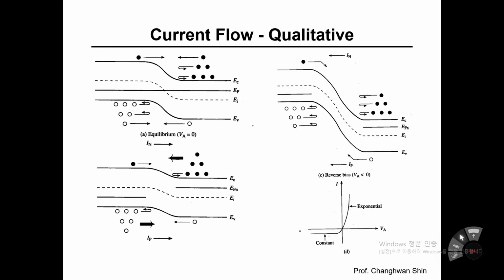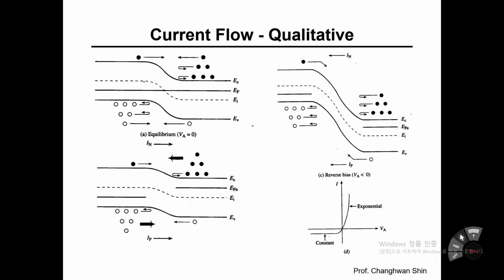Okay, that's a key message. Now, before deriving the quantitative equation for the current-voltage characteristic of the PN junction diode, let me briefly tell you how the electrons and holes move toward the other side across the PN diode. As you know, the PN junction diode consists of two parts, P side and N side. Left hand side is P side, and right hand side is N side.